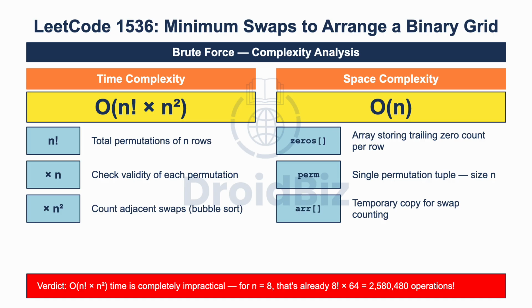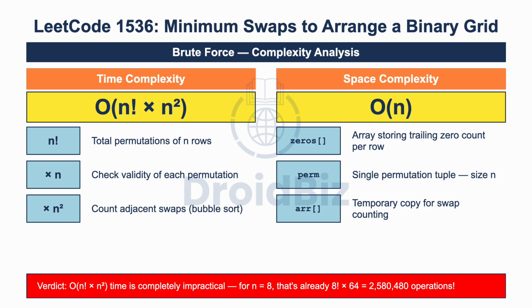Then, for each valid permutation, we spend O(n squared) to count the adjacent swaps using bubble sort. So the overall time complexity is O(n factorial times n squared). To give you a sense of how bad this is, for n equal to just 8, that's already over 2.5 million operations. For n equal to 200, this is completely unworkable.